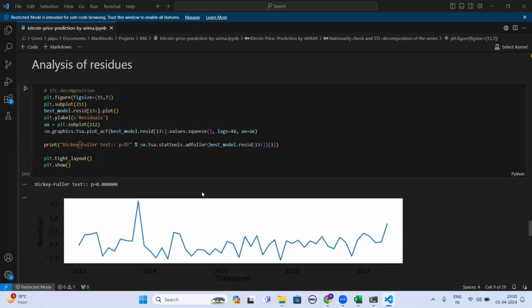Now, after this is done, the next section over here is, you can have a minute to see the STL decomposition over here if you want to.